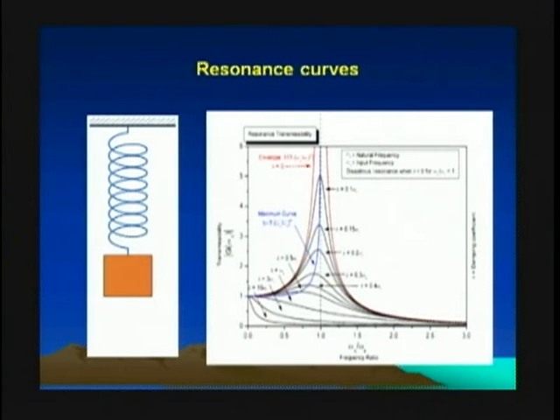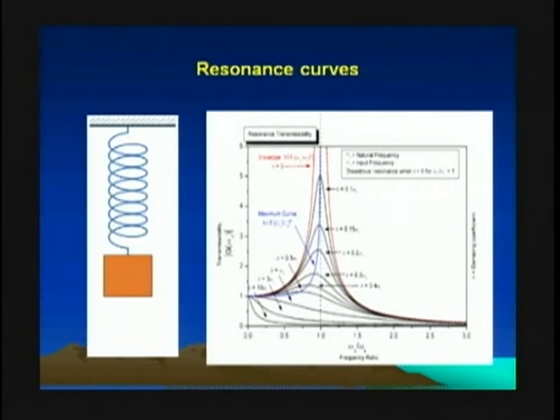On the right-hand side, on these plots, you see on the horizontal axis the ratio of the frequency of excitation to the natural frequency of vibrations.